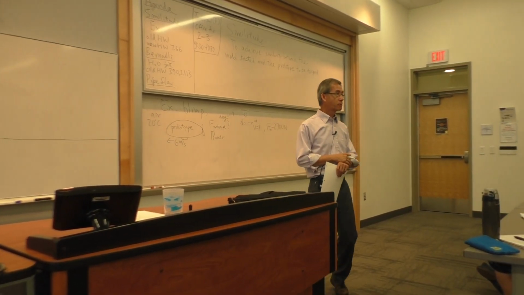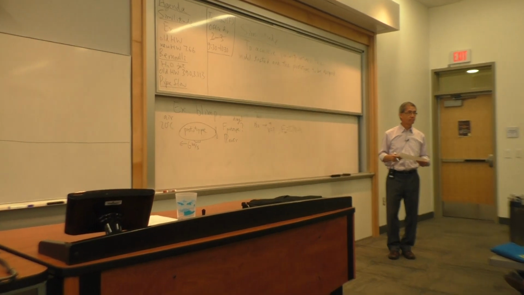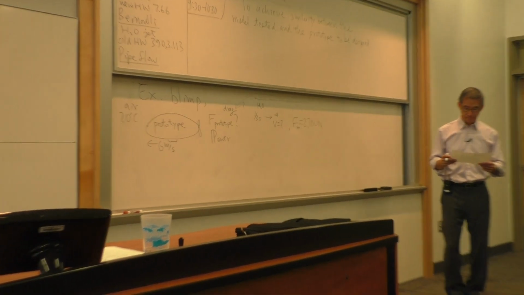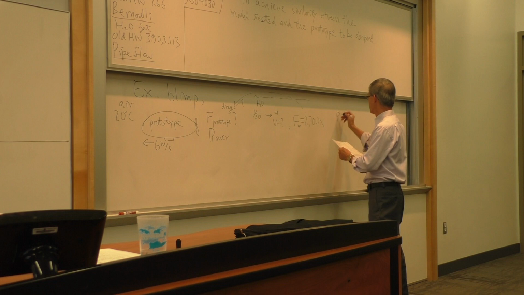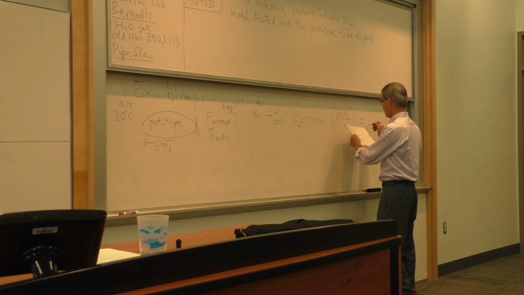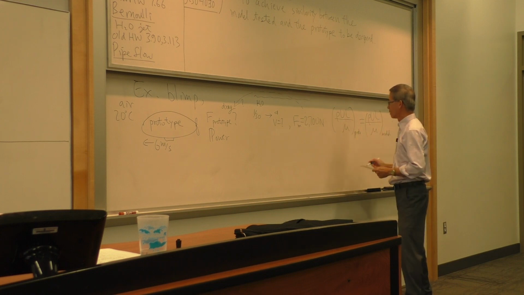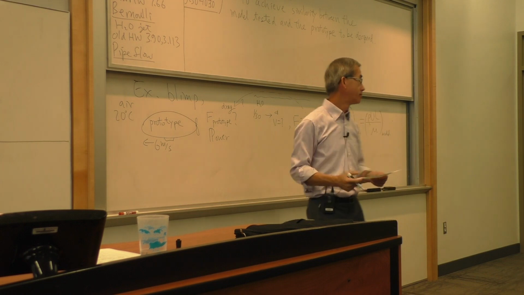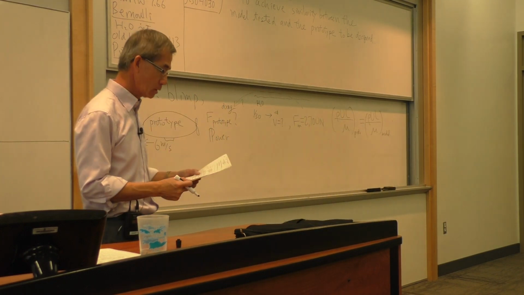Okay? So how do I determine the velocity of my water tunnel? Well, you match the Reynolds number, which is rho U length divided by the viscosity of the air versus that of water.